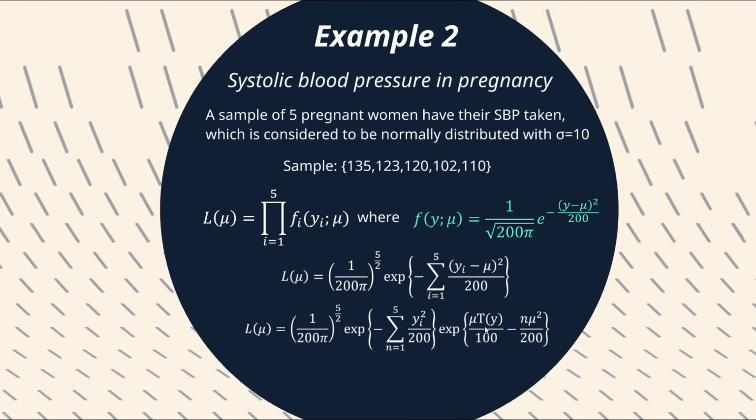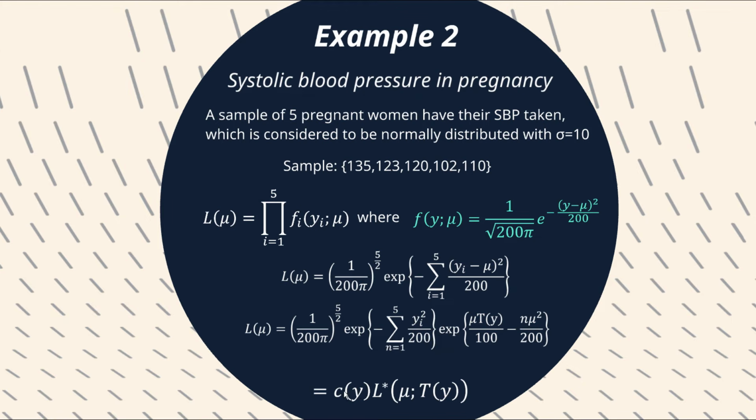If I want to replace the sum of y with our statistic t, a more general statistic t. So basically what that means is I don't need to know these individual 5 values here. All I need to know is that the sum of it is whatever it is, and I could find a usable likelihood function for mu. And here's that equation again. You can see we've done exactly that.